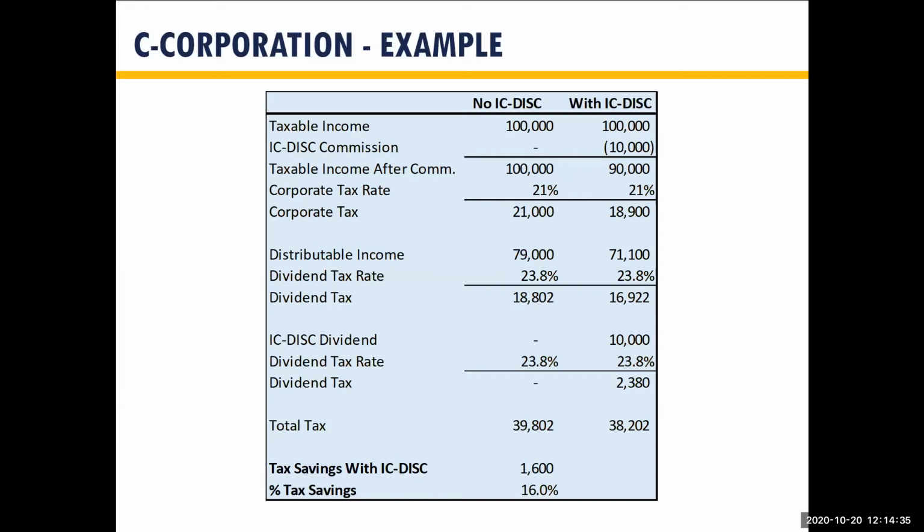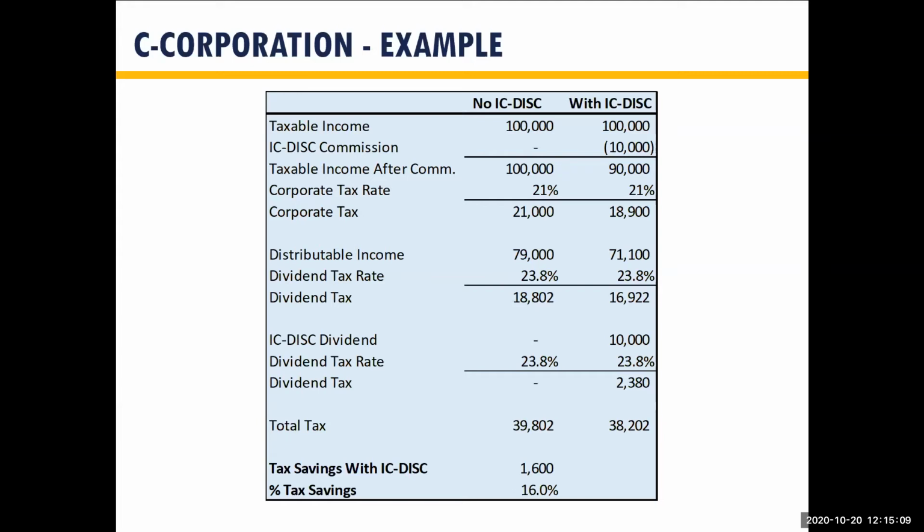On the right column, we now add an IC-DISC into our structure, and again, we'll assume a $10,000 commission. So our taxable income in the corp has been reduced to $90,000, which reduces our corporate tax to $18,900. That leaves us now with $71,100 that we can distribute out of the corporation to the shareholder, and that's subject to tax of $16,922.